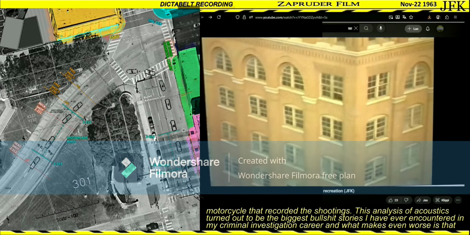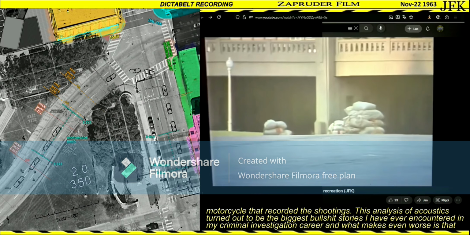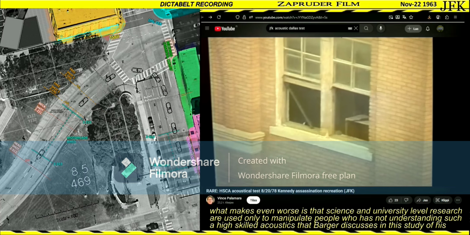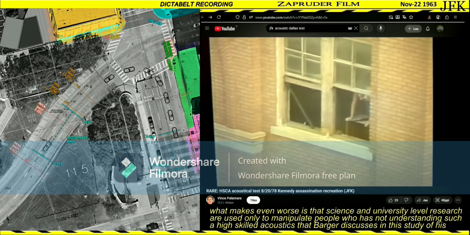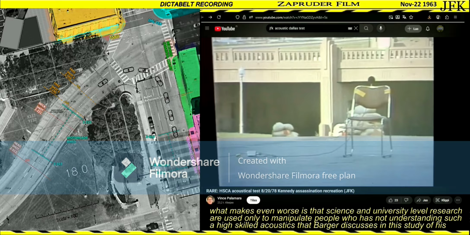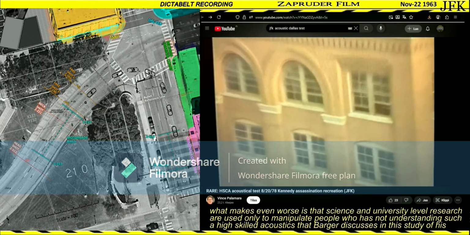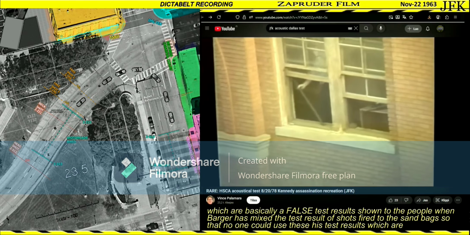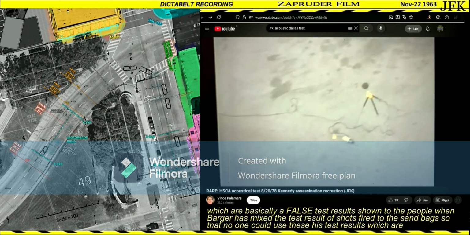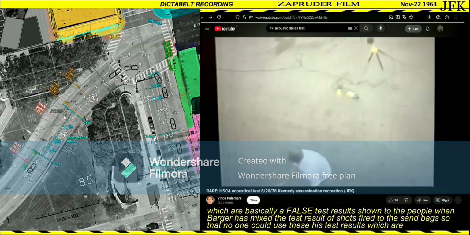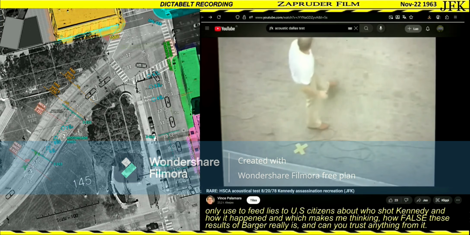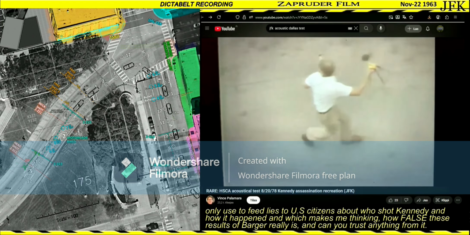This analysis of acoustics turned out to be the biggest bullshit story I have ever encountered in my criminal investigation career, and what makes it even worse is that science and university-level research are used only to manipulate people who do not understand the high-skilled acoustics that Barger discusses in his study, which are basically false test results shown to the people when Barger has mixed the test results of shots fired to the sandbags so that no one could use his test results, which are only used to feed lies to United States citizens about who shot Kennedy and how it happened.